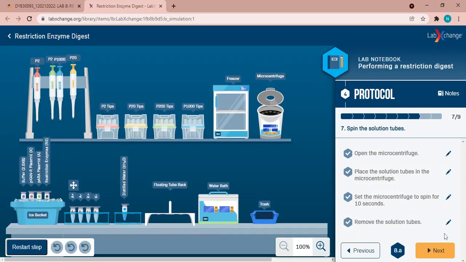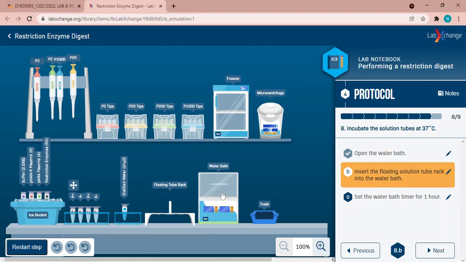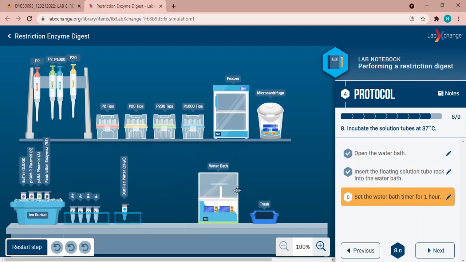Okay, done. So next, incubate the solution tubes at 37 degrees Celsius. Open the water bath. Insert the floating solution tube rack into the water bath. Okay, next set the water bath timer for 1 hour.